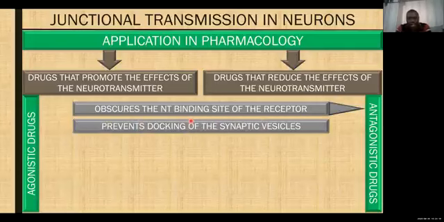If you have a drug that prevents docking of the synaptic vesicles, and there are drugs which do prevent docking of the synaptic vesicles, what will these drugs do? Will they have agonistic effect, or will they have antagonistic effects?